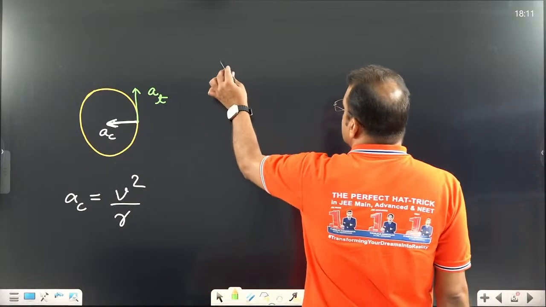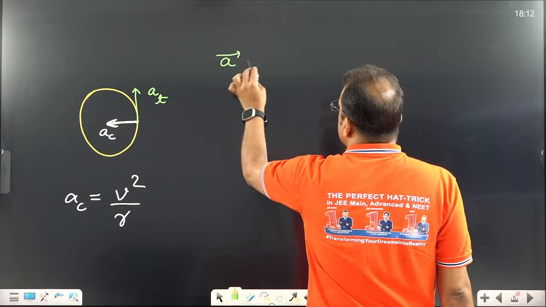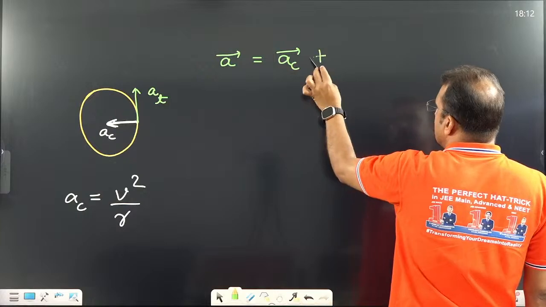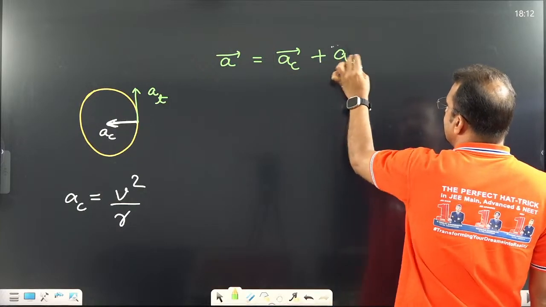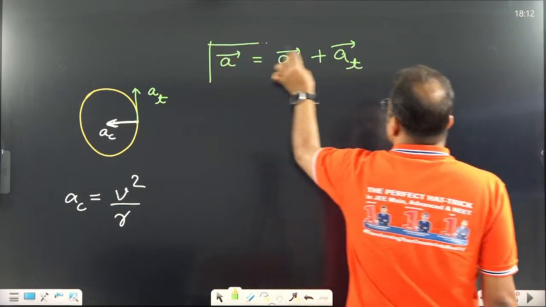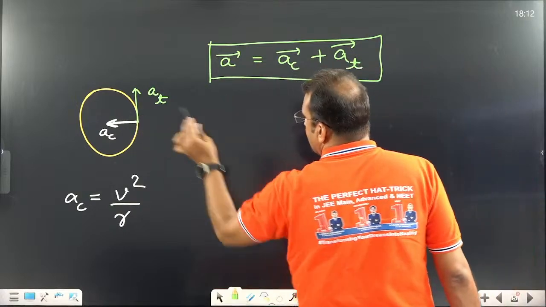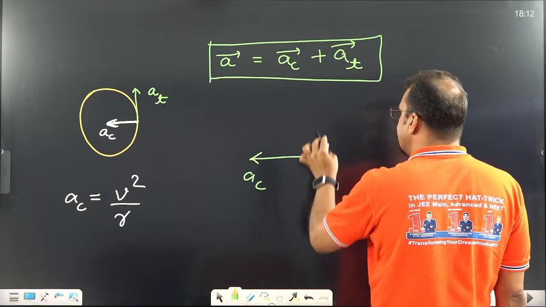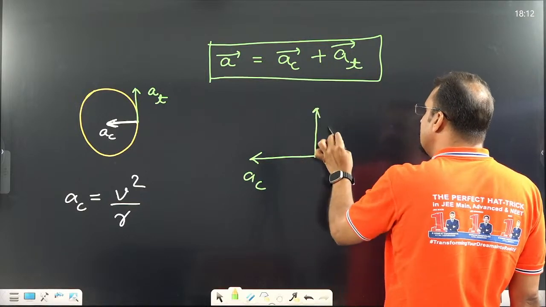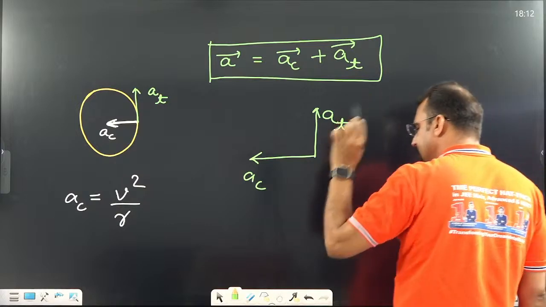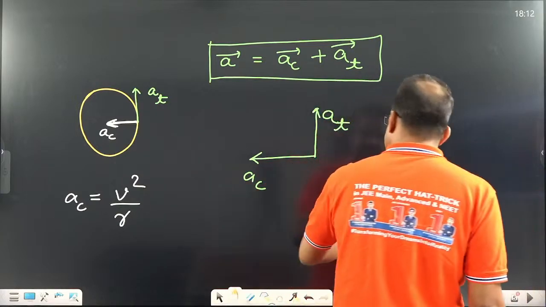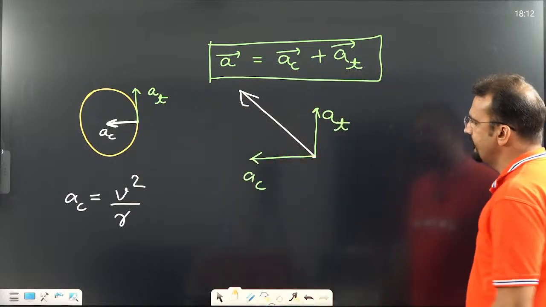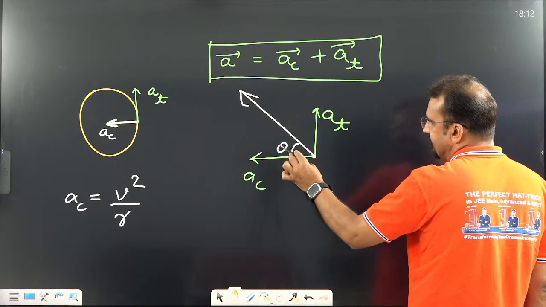If someone asks you the net acceleration, this is the vector sum of centripetal acceleration plus tangential acceleration. Very important question. One is AC, the centripetal acceleration, and this is the tangential acceleration. Then what is the net acceleration? The net acceleration is the resultant of these. Let us assume this angle is theta.